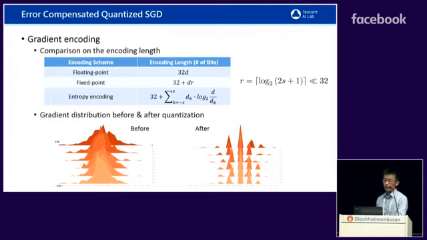So we can use 32 bits for the scaling factor, and D times R bits for the quantized components. This will be much smaller than the original 32-bit full precision gradient. Furthermore, we can also use entropy encoding methods, for example Huffman encoding, to better exploit the data distribution after quantization, because it will concentrate on some of the quantization points.